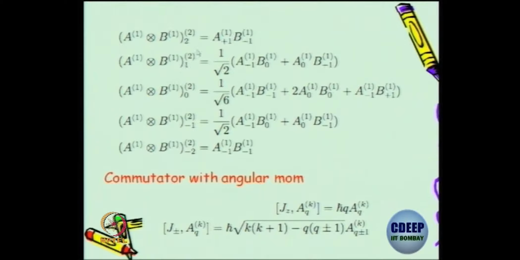If you want to do the 1 component, you have to apply the CG coefficient. You do it for the states. That's also another exercise. For two spin 1, you do the state CG coefficient. The same thing will be applicable here and you have to make sure that this is total M is 1. This is the total Q. Q1 plus Q2 should add up to give you Q. That is important. This is exactly what is happening.